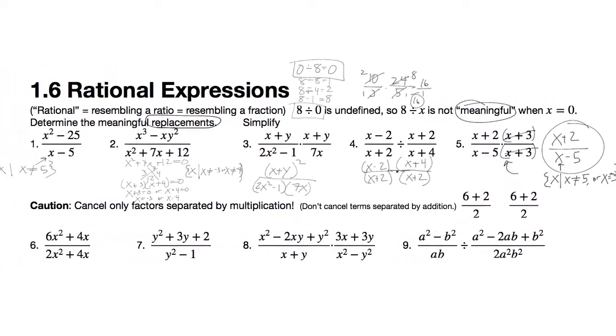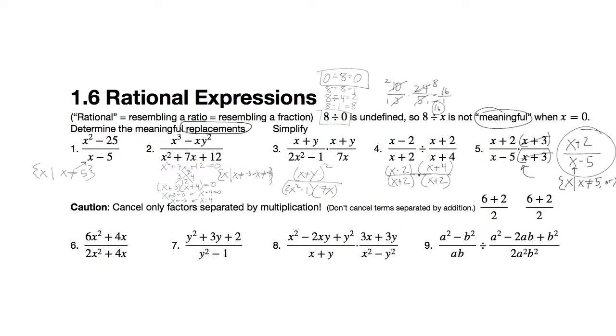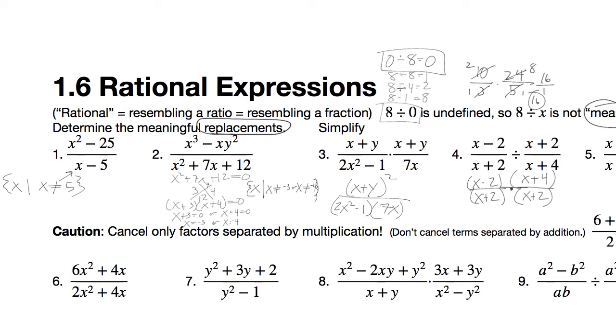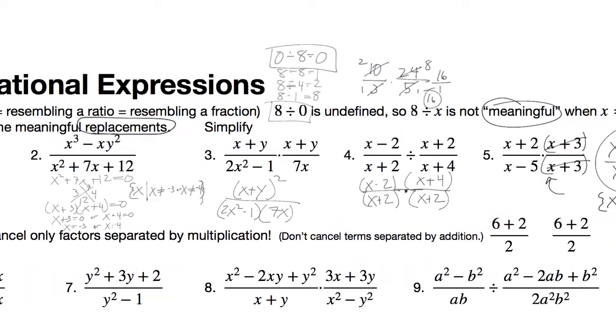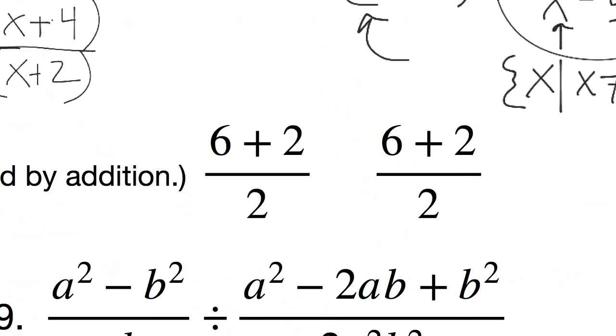Now, I want to caution you, I want you to cancel only the factors separated by multiplication. Don't cancel the terms separated by addition. What I've seen students do is mistakenly do these kinds of cancellations. They say, oh, I see a 2 and a 2, therefore I'm going to cancel it, and maybe they write 6 as the answer.